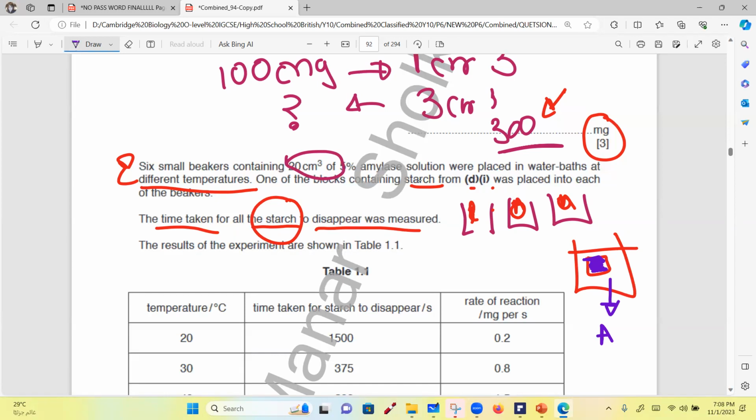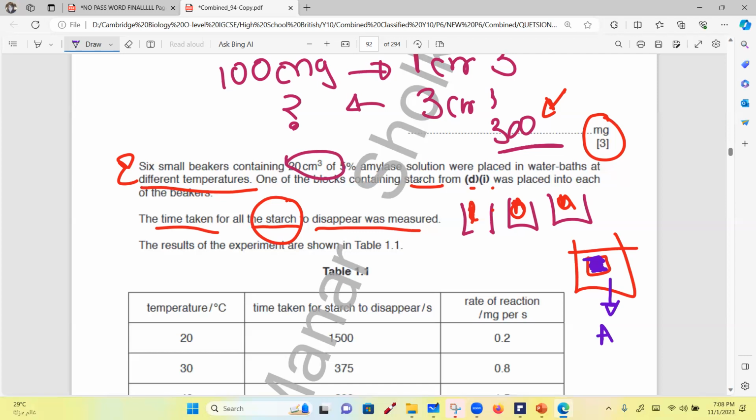Very good. As it is broken down, how will the color change? It was blue-black because this block is starch plus iodine. Starch and iodine will give me what color? Blue-black.